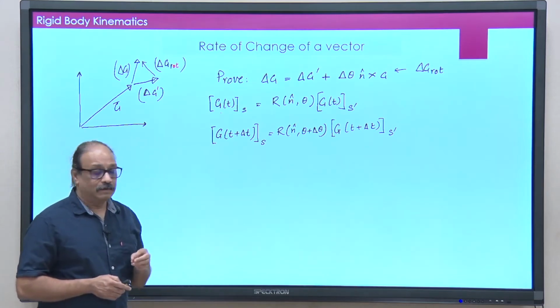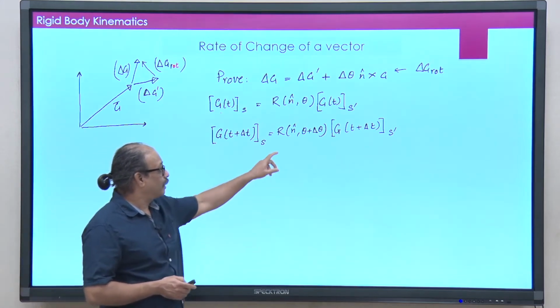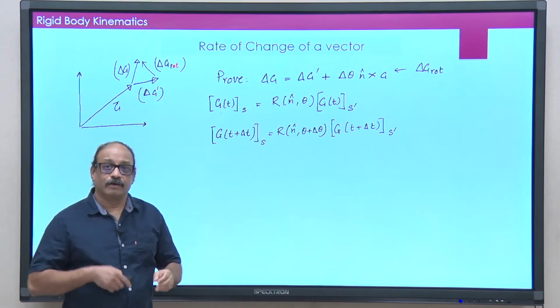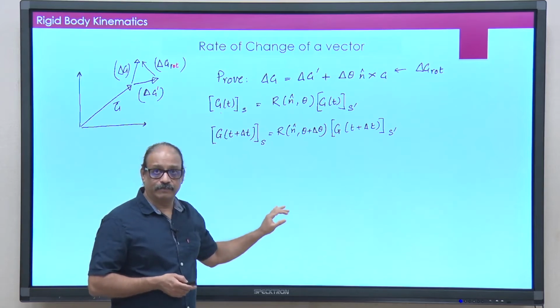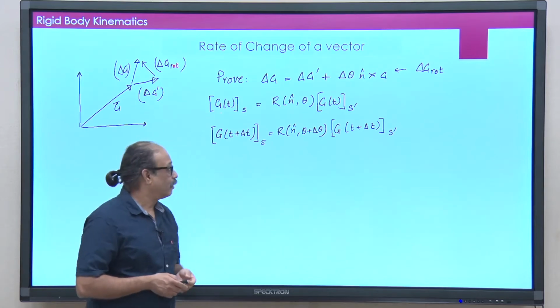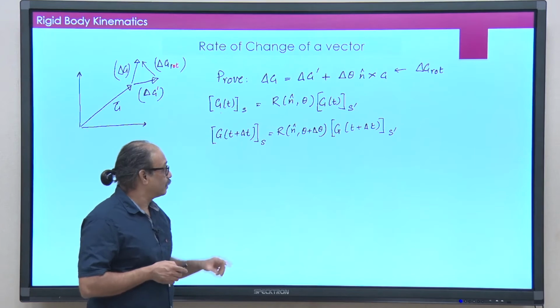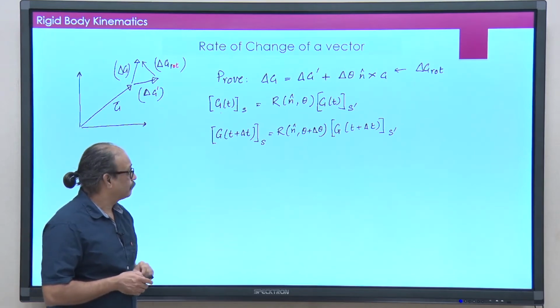I will do a little less general proof, where I will assume that n cap remains the same, only the angle is changing, but in general this identity will remain true for all kinds of changes in the R matrix.